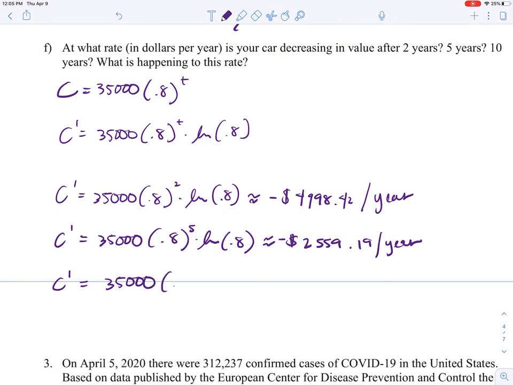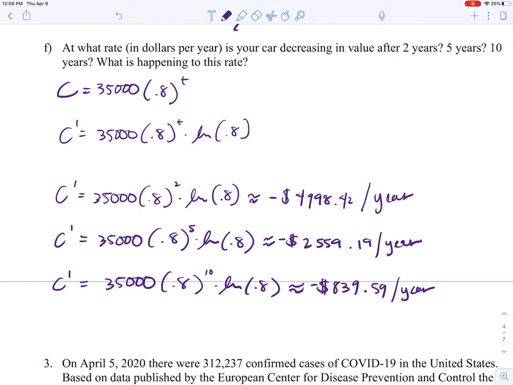Okay, 10 years. I get negative $839.59 per year.